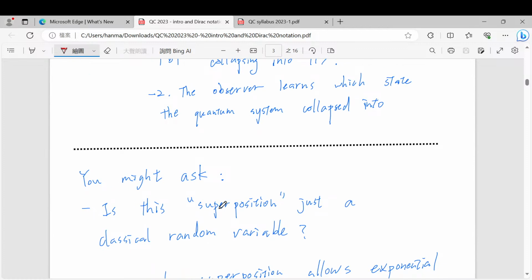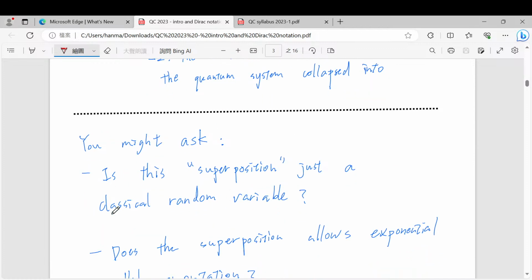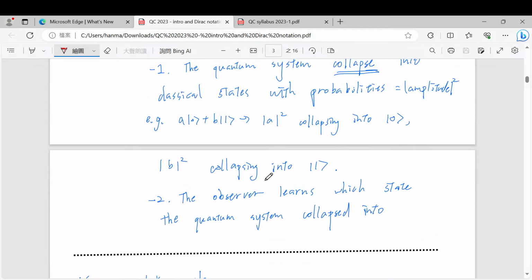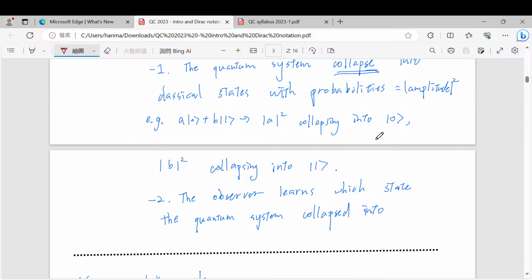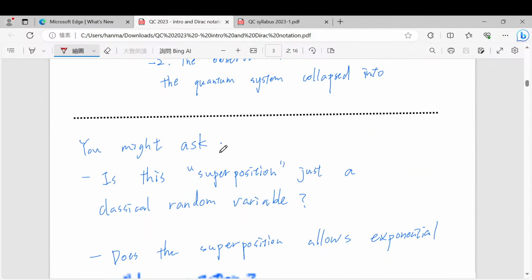And then there are interesting questions you can ask. You have this superposition, with A squared probability to become 0 and B squared probability to become 1. Isn't this just like flipping a coin? Can you just describe this as a classical random variable? Because if you measure the 0 and the 1, it's really just like flipping a coin with tail probability A squared and head probability B squared.